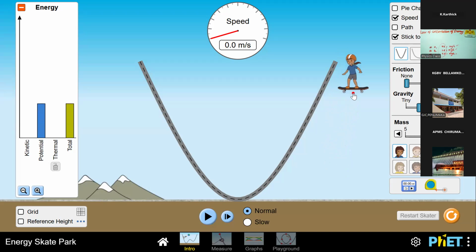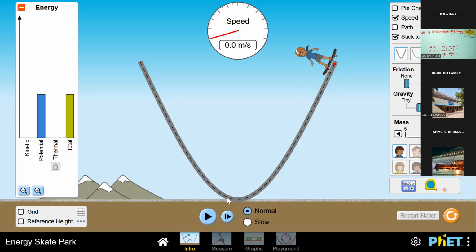The skater has some height. Now at the very top position here, the skater has maximum potential energy. There is no kinetic energy. Clear?